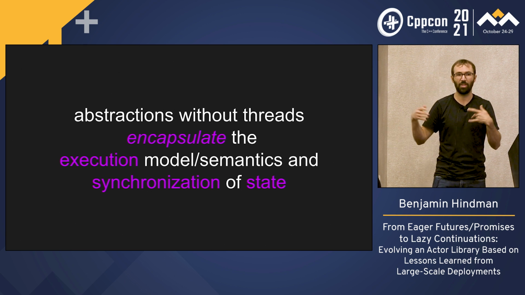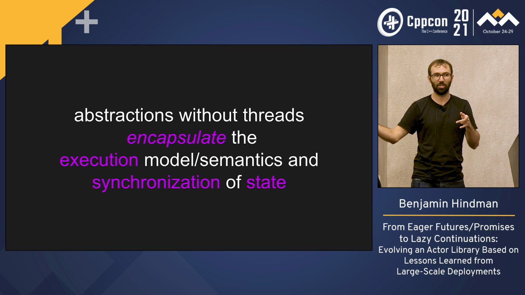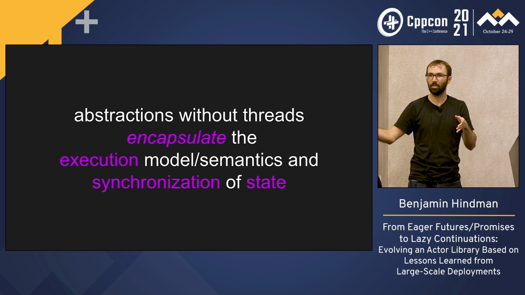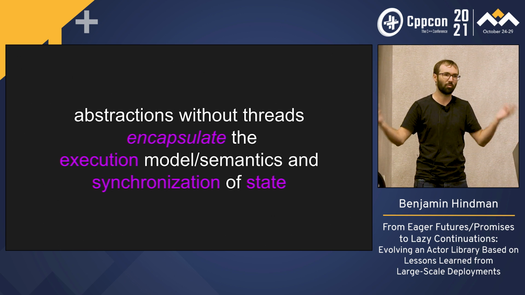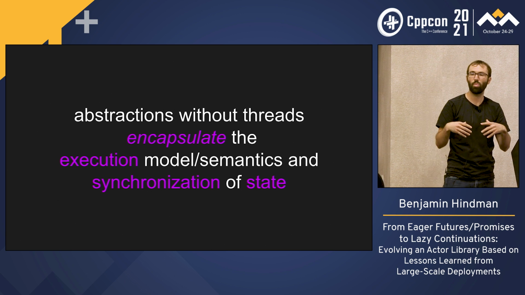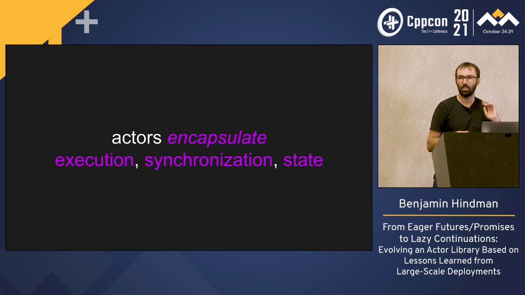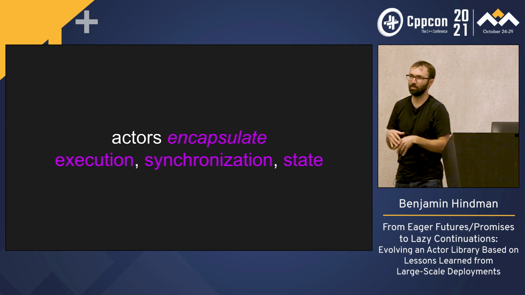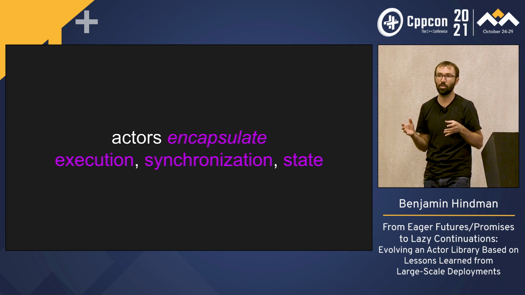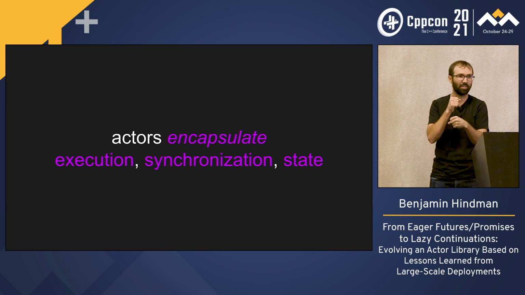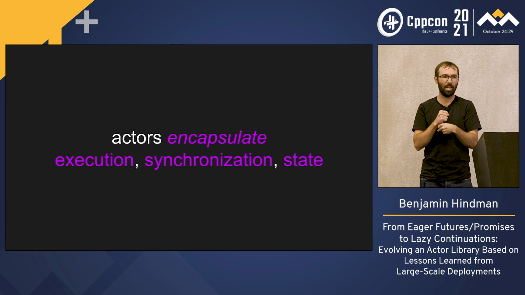You need yet other things to deal with the encapsulation of state, i.e. objects or classes. So we've got a bunch of different things that we kind of throw all together to solve this problem. A lot of these other abstractions, things like actors, they encapsulate it all together. The best way I have for describing the value of an actor is it encapsulates all of execution, synchronization, and state into a single entity.